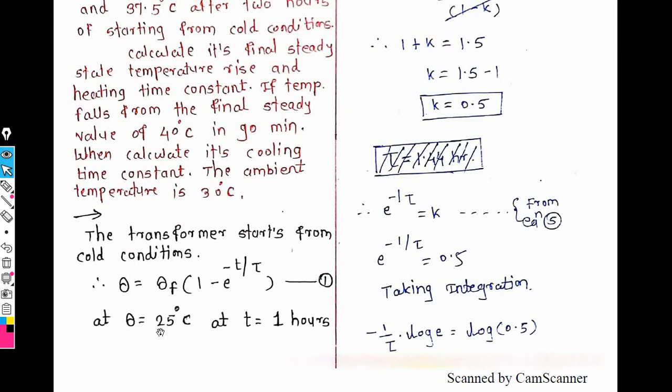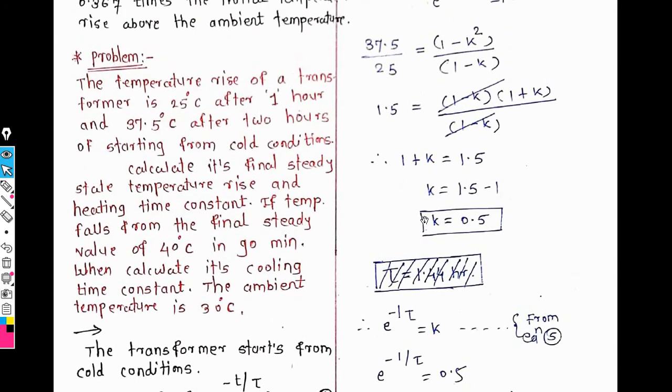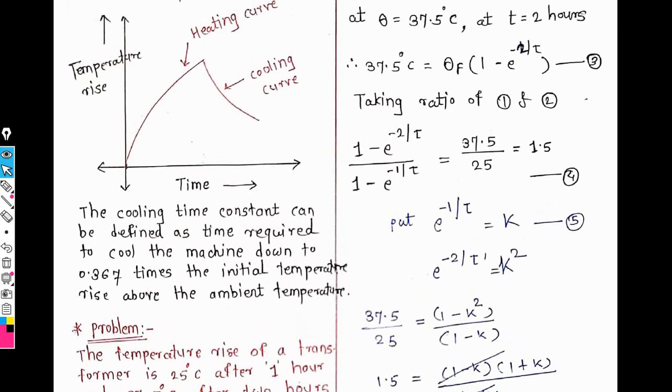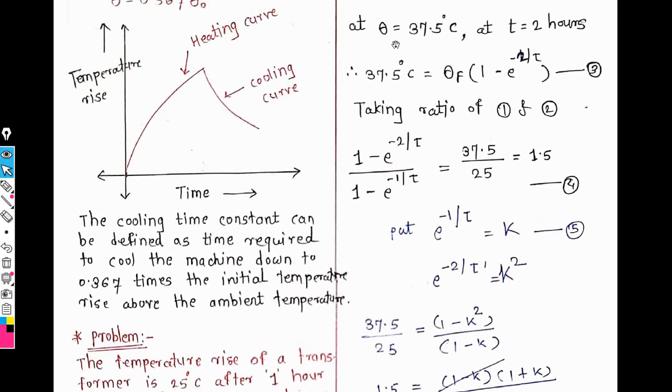Then we have to consider the temperature theta equal to 25 degrees Celsius at time t equal to 1 hour. This is equation number 1. Also the second condition is theta equal to 37.5 degrees Celsius at time t equal to 2 hours.